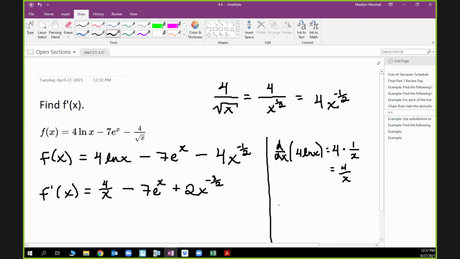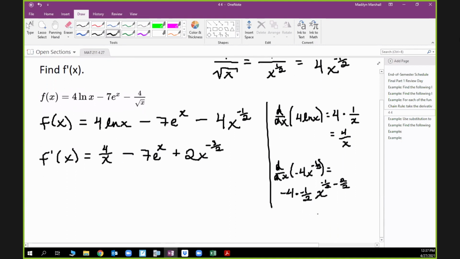So in this case, that -4 is multiplying with the -1/2 that comes down from the exponent. And then x is being raised to the negative 1/2 minus 1, which is the same as 2/2. And that is where we get a positive 2, x to the negative 3/2.